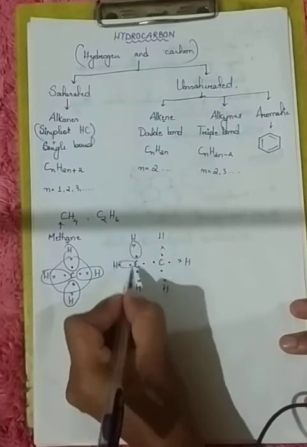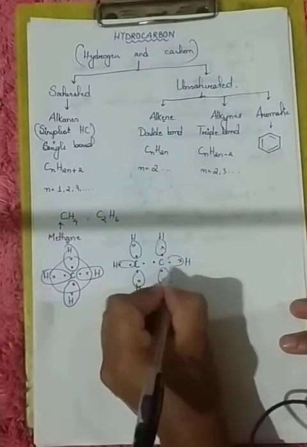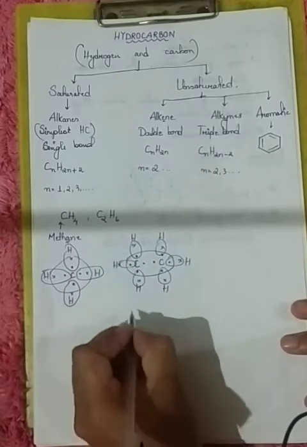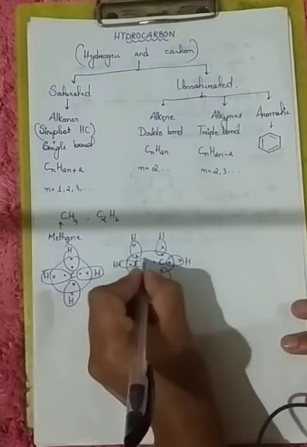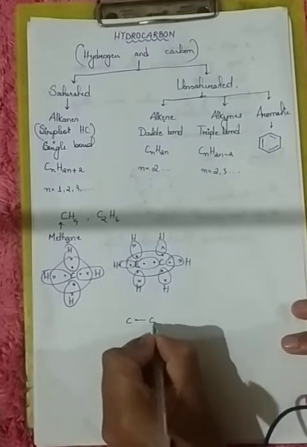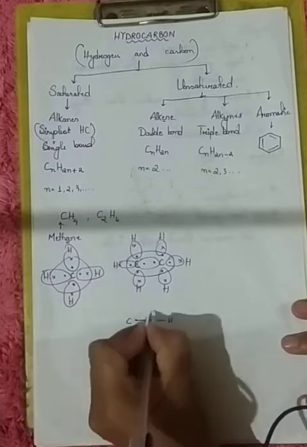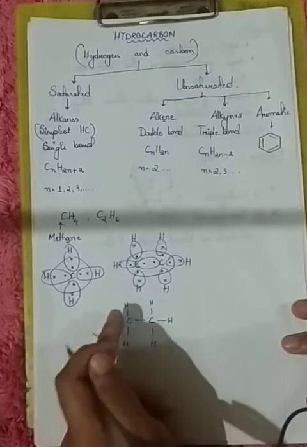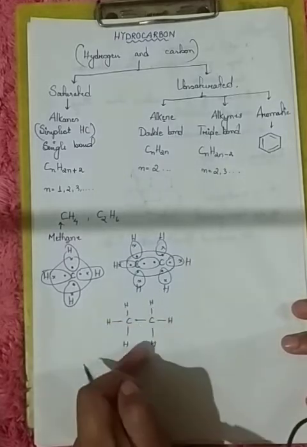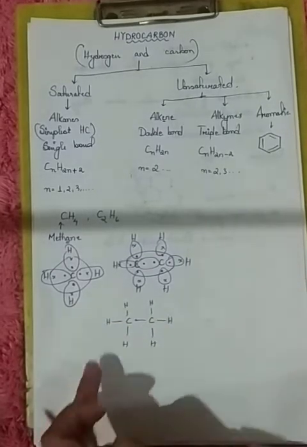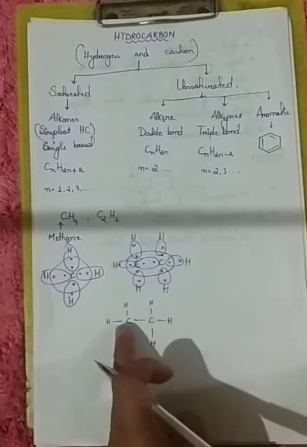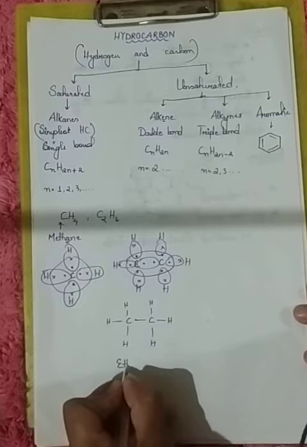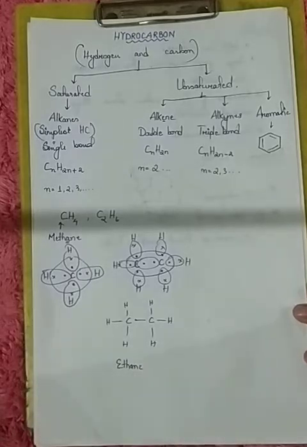They will share electrons, and therefore we get the structure in this way: 6 hydrogen atoms and 2 carbon atoms. This is the structure of the 2 carbon compound, known as ethane.